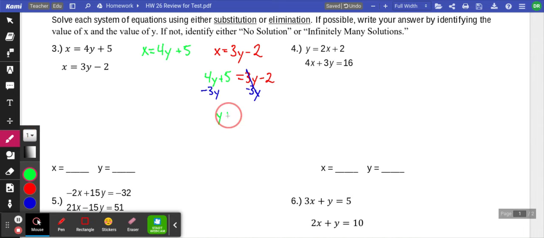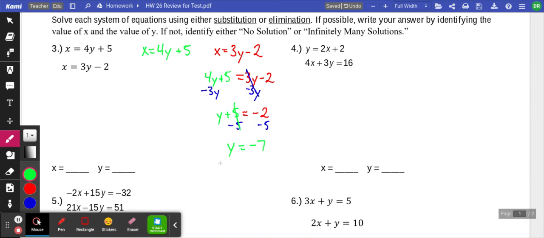Okay, still have a plus 5 and still equal to negative 2. Okay, one last step here. Subtract 5 to get y by itself, and you can check in a calculator if you need to. These will cancel, and negative 2 minus 5 should be negative 7.